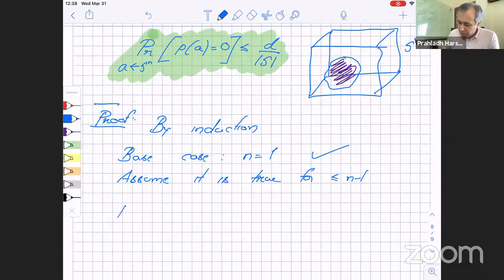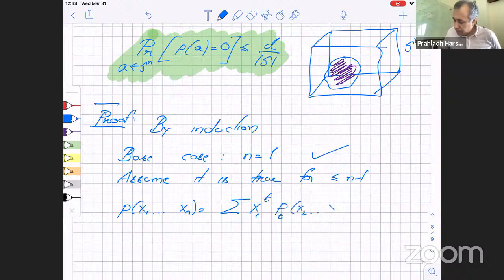So now I'm going to write the polynomial p of x1 to xn as a sum of x1 to the power t times p_t of x2 to xn, with t going from 0 to some e, where e is the largest degree of the polynomial in the first variable.